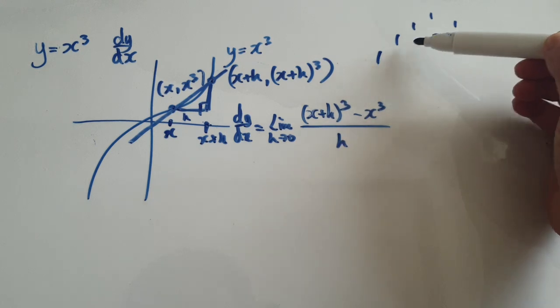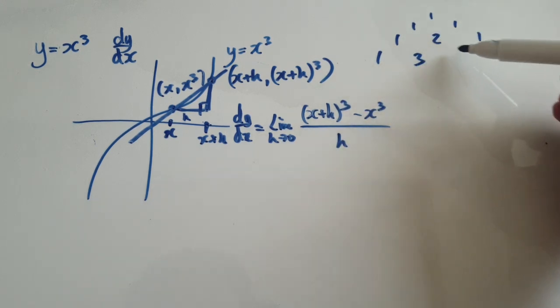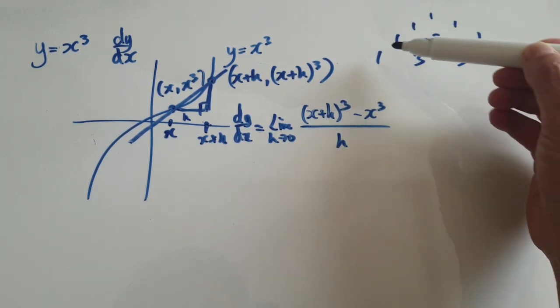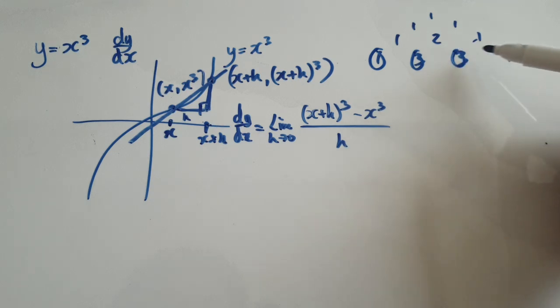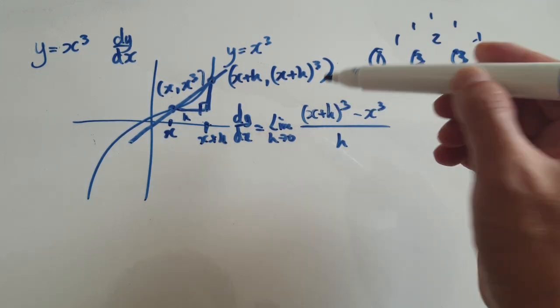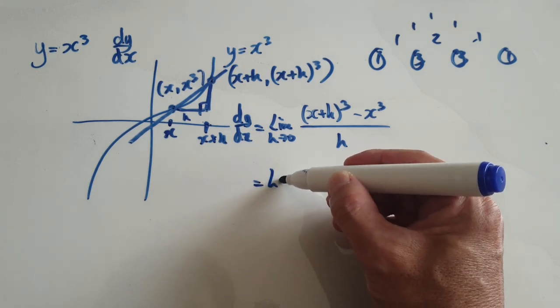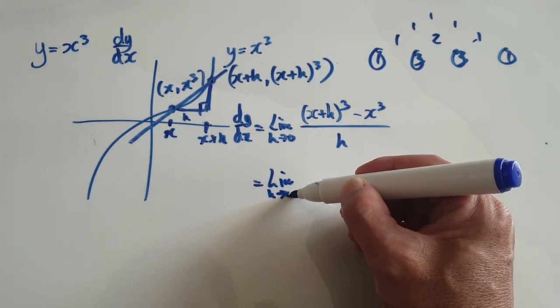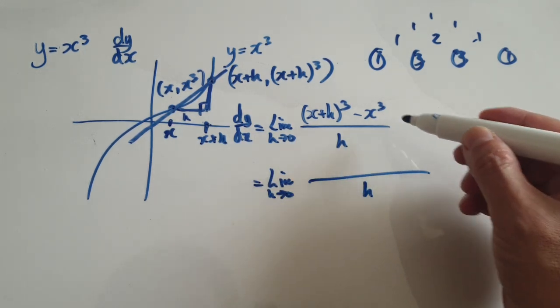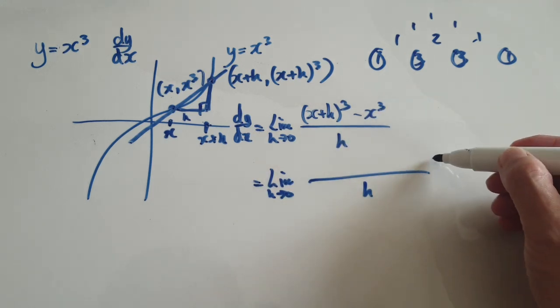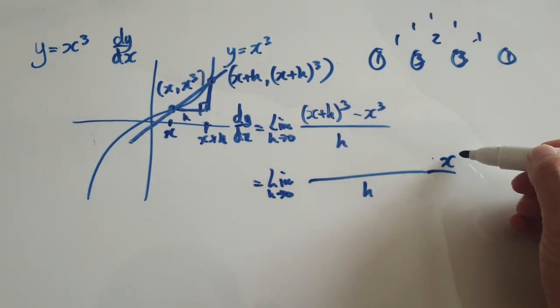So Pascal's triangle, adding these two together would be 3, 3. So these would be my coefficients, and I'm expecting you to be able to multiply this out. So this would be the limit as h tends to 0, and then you've got h, and then you've got this x to the power 3 over here.